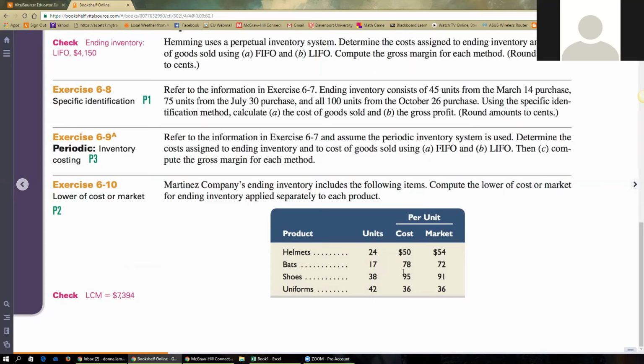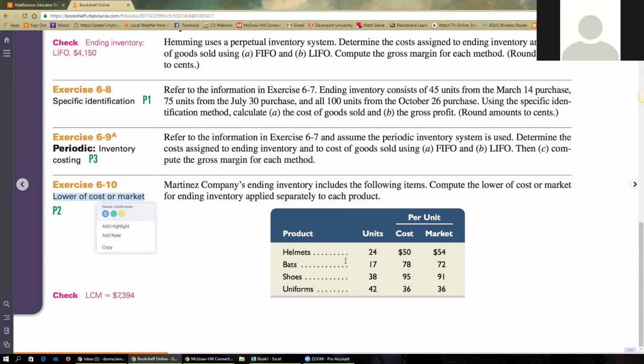If we say we have 17 bats at $78 each and we do that math, whatever that comes out to, that's probably too high a number. We might be misleading our readers because bats are really about $72 a piece now. So we say there's an exception to the cost rule. It's really that we should have them at the lowest of either the cost or the market price.